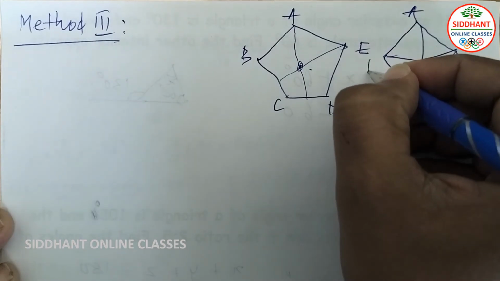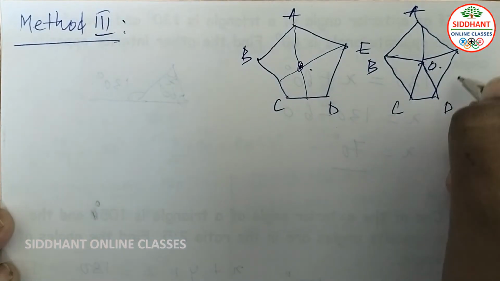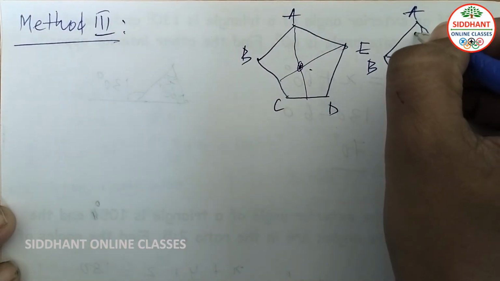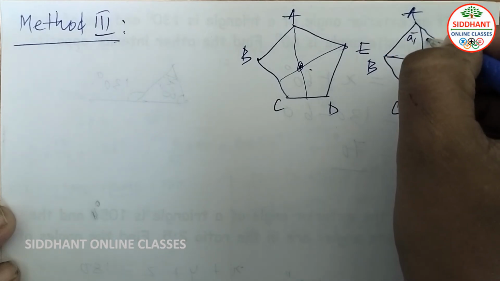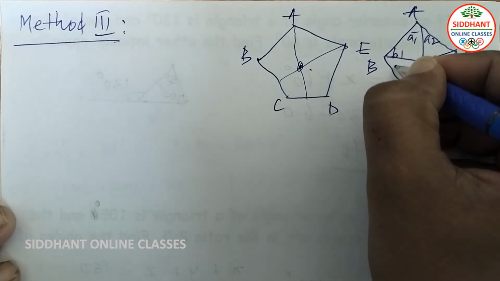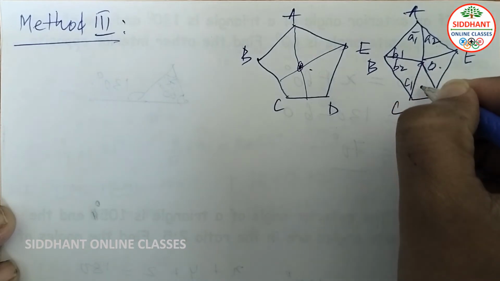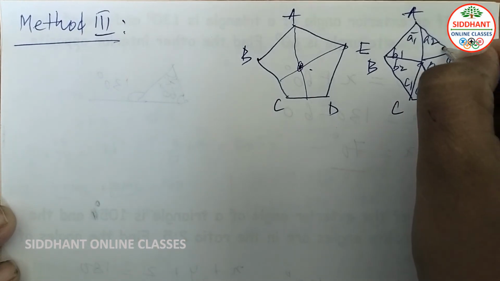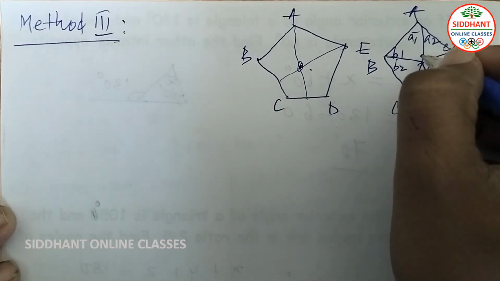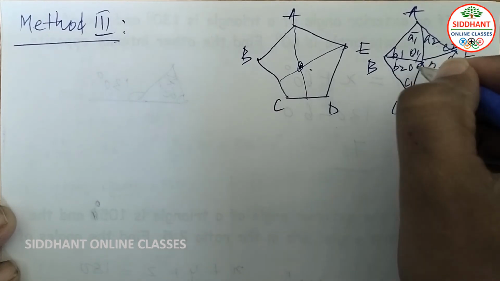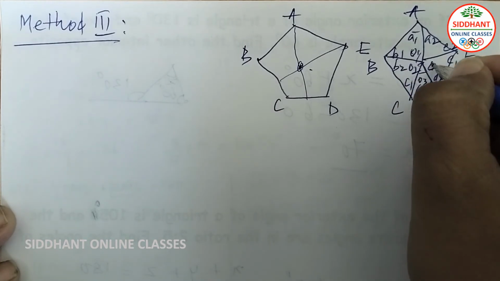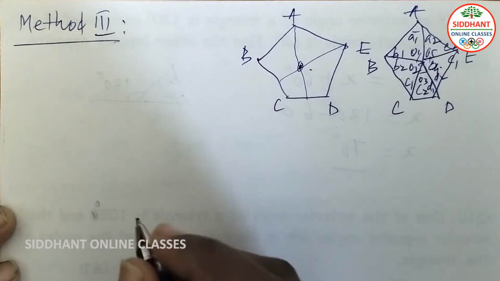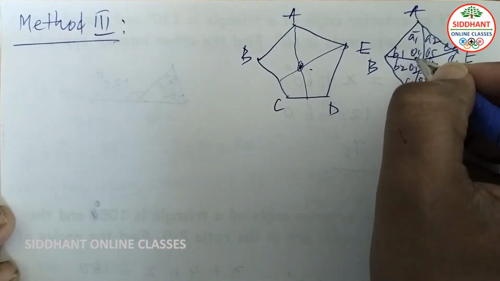So this is A, B, C, D, E. Let the angles here be A1, A2, B1, B2, C1, C2, D1, D2, E1 and E2. And let these angles be O1, O2, O3, O4, O5.